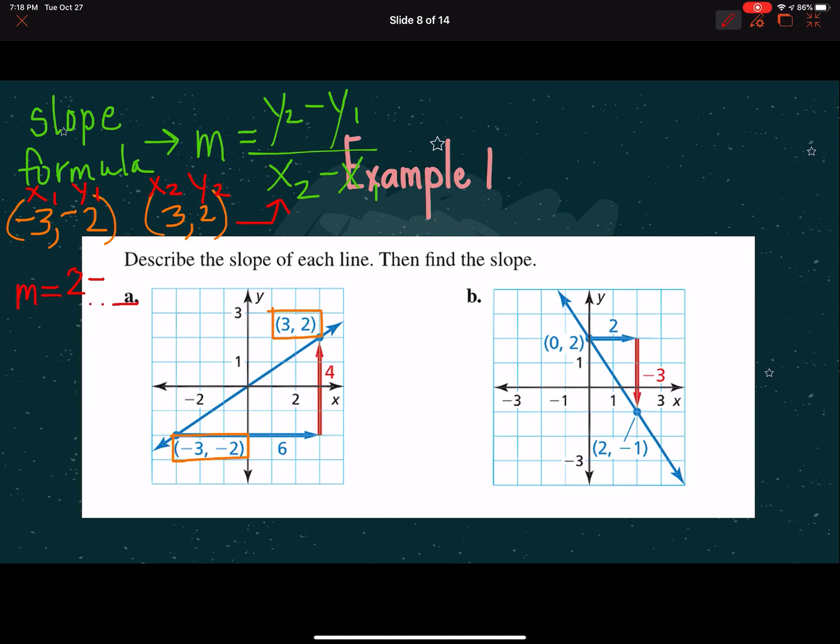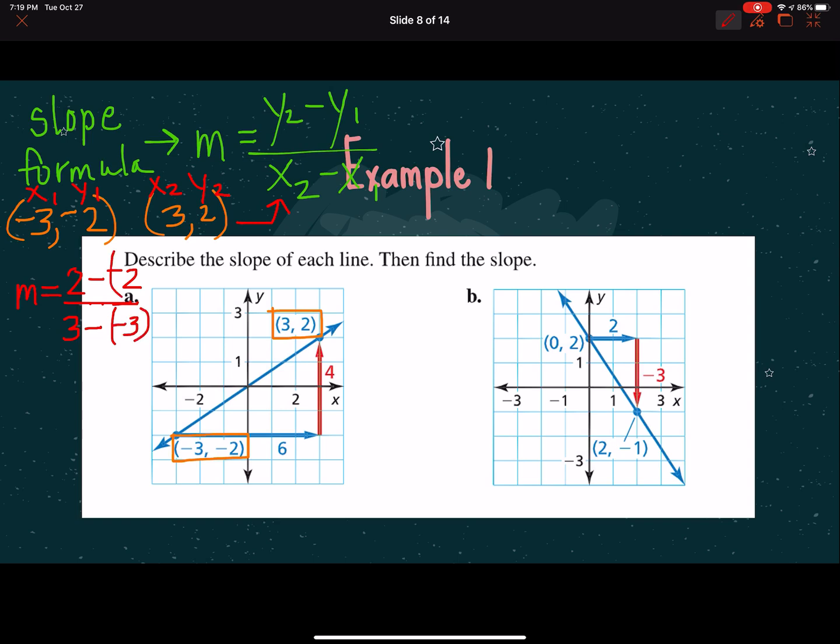So I have my y2, subtract y1. y1 is -2. Also make sure if it's a negative that you're using the sign. Some people put in 2 subtract 2 and call it good, but it's not. It's really 2 subtract -2. That's going to change our value there. Now we're going to take our x coordinates, x2, which is 3, subtract x1, which is -3.